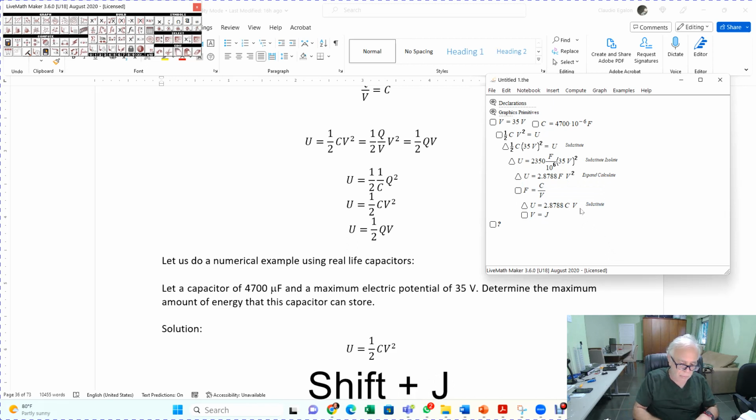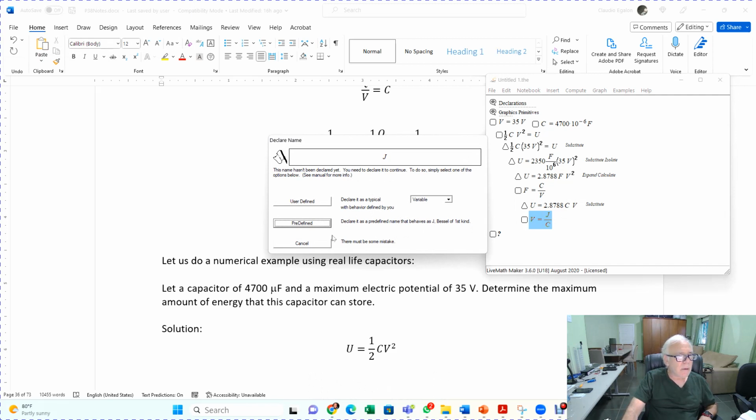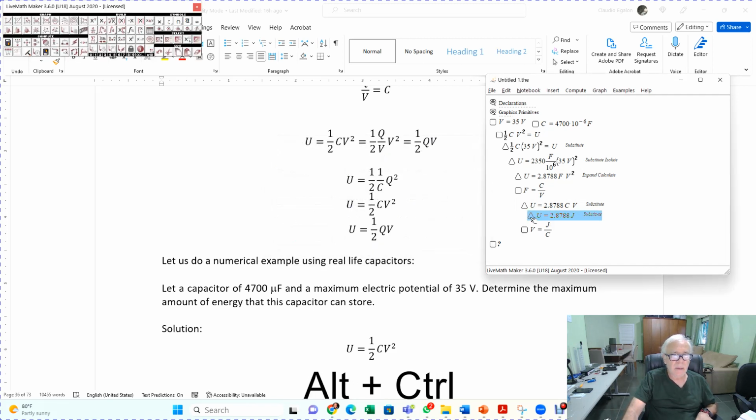V is joules divided by Coulomb. We substitute it here. Easily fine. And that's the potential energy that I get from that small device, 2.8788 joules. Okay? 2.8788 joules.